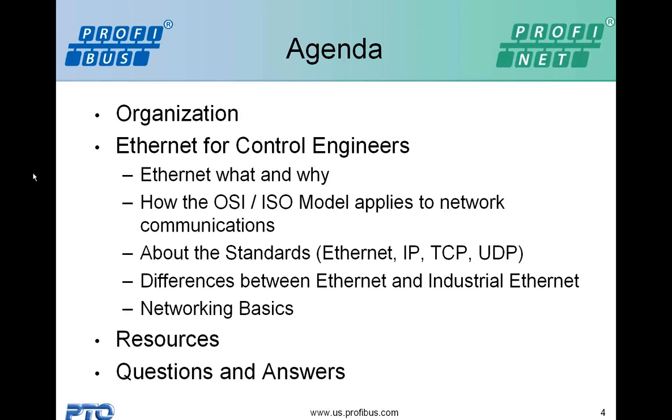We'll look at the standards that the technologies are based on, look at the differences between Ethernet and industrial Ethernet, and then finally get into some detailed networking basics. We'll follow that up with resources that you can go to for additional information beyond what we talk about today. And we'll conclude with the question and answer session. You can ask your questions at any time in the question and answer frame on the right-hand side of your screen.